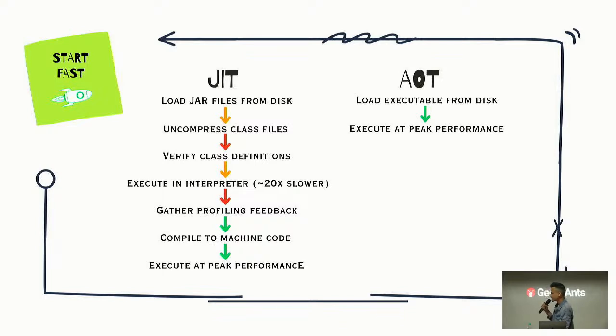Next, it will gather profiling feedback, then compile to machine code, and finally it will execute at peak performance. But if you see the AOT compiler here, it will just load the executable from disk, and it will start executing at peak performance.